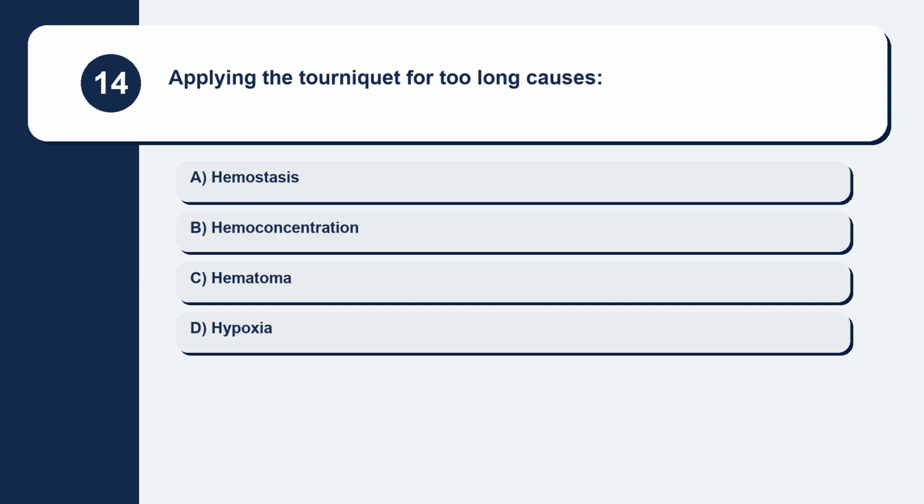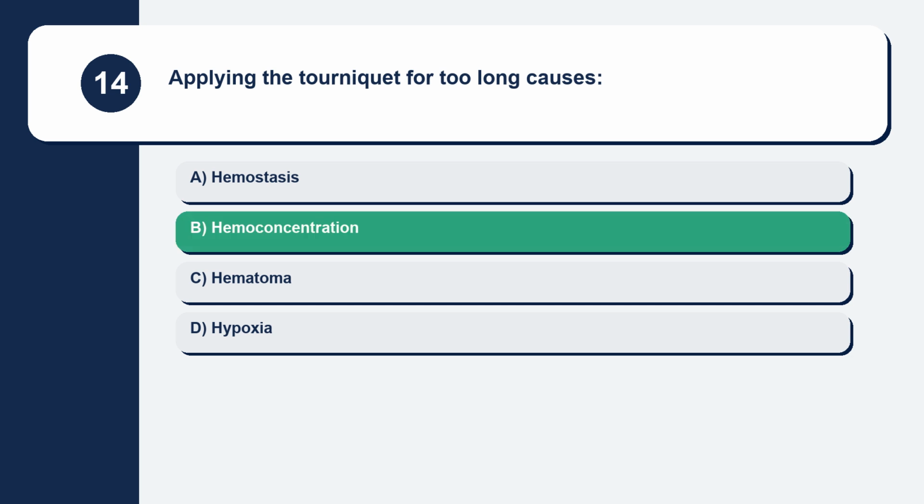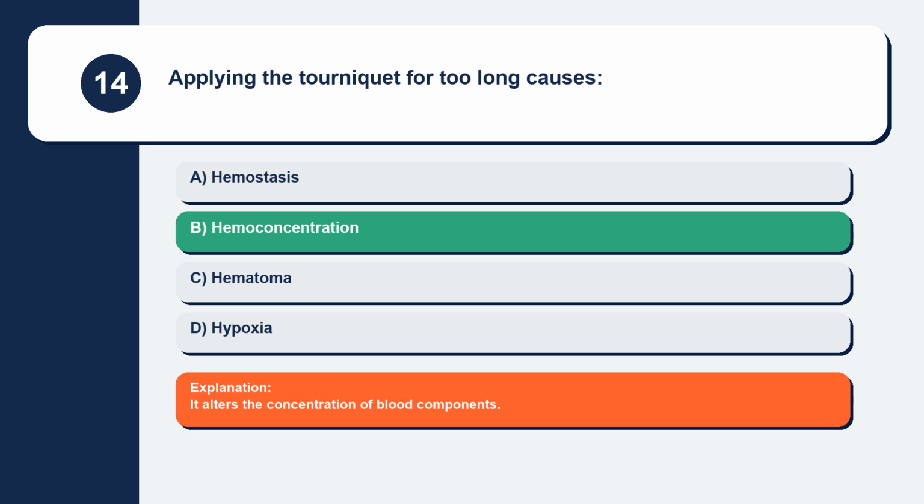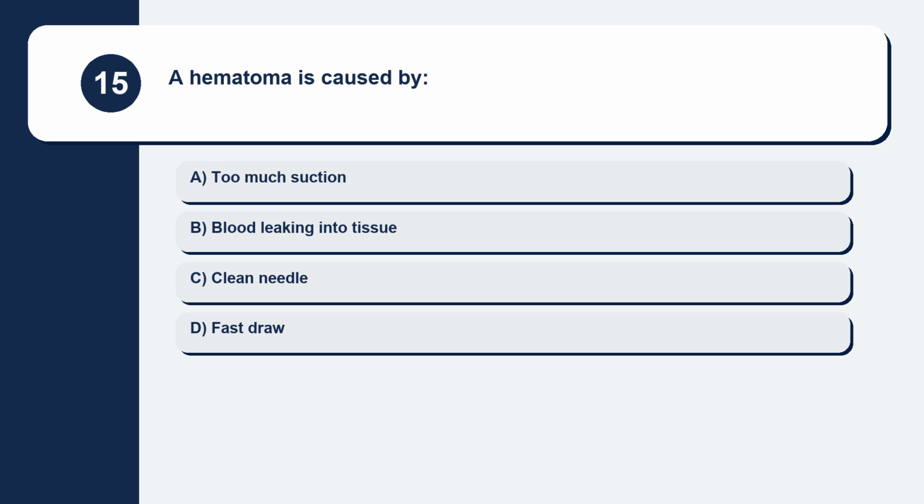Question 14. Applying the tourniquet for too long causes hemostasis, hemoconcentration, hematoma, hypoxia. It alters the concentration of blood components. Question 15. A hematoma is caused by too much suction, blood leaking into tissue, clean needle, fast draw.